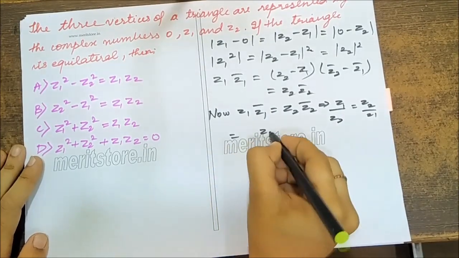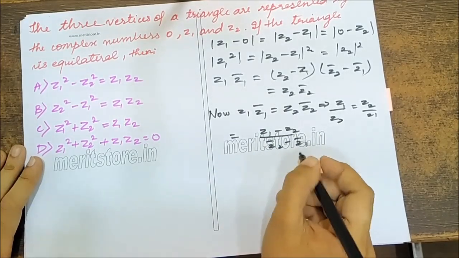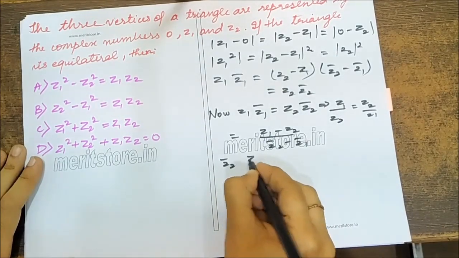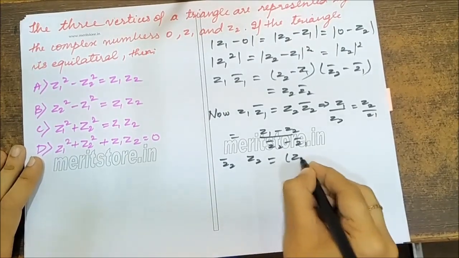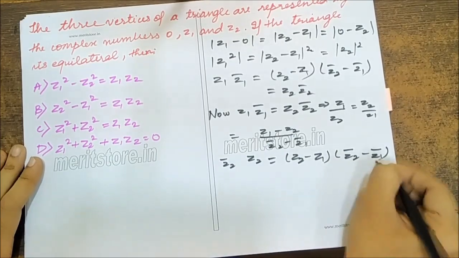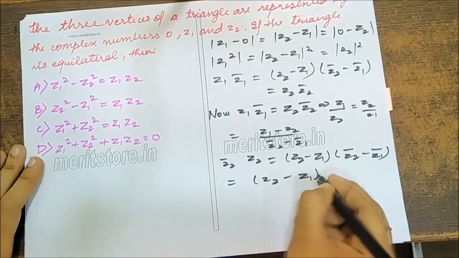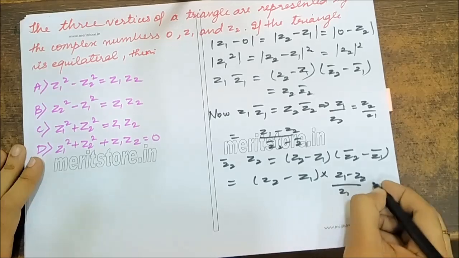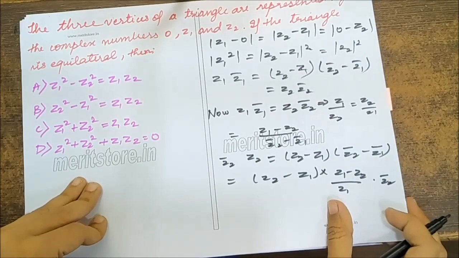So you get z1 minus z2 upon modulus of z2 minus z1, and z2 into modulus of z2 is equal to z2 minus z1, modulus of z2 minus modulus of z1. Therefore z2 minus z1 into z1 minus z2 upon z1 into modulus of z2. You get it from this equation.